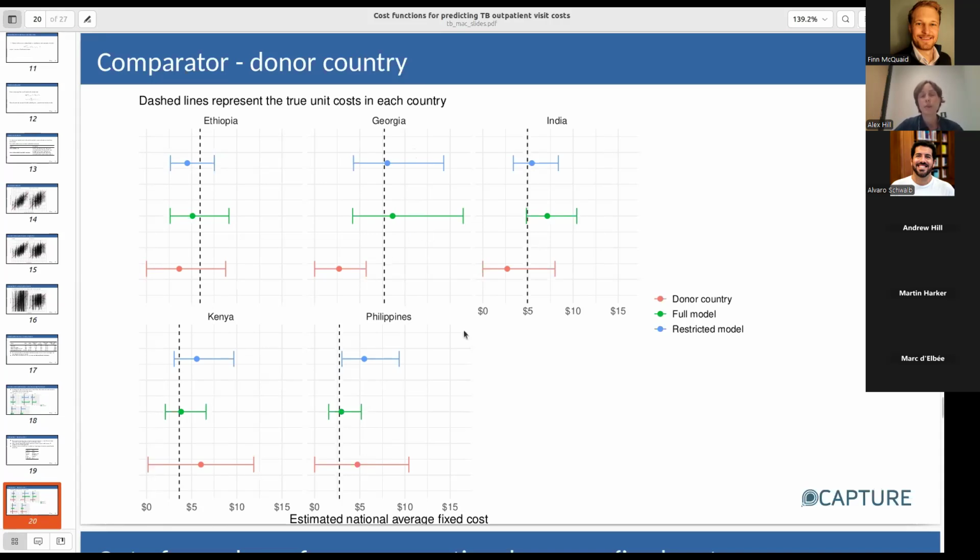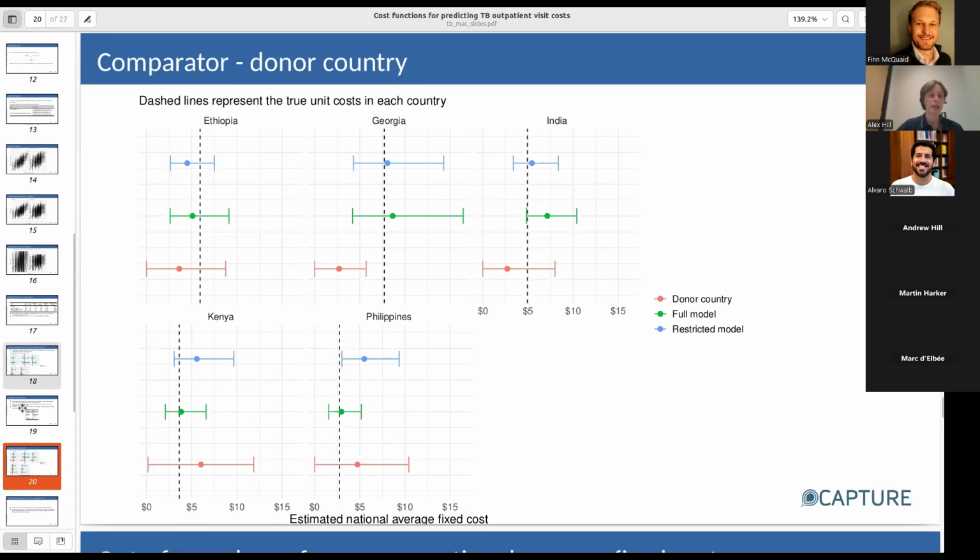But I think, again, this comes back to the fact that the training data is different in composition, but not so different in cost drivers. All of the facility types in Georgia, the costs, and the features that drive the costs were well represented in the rest of the data set.